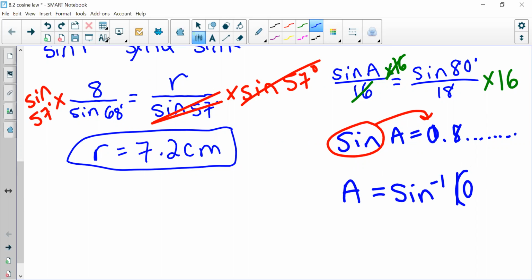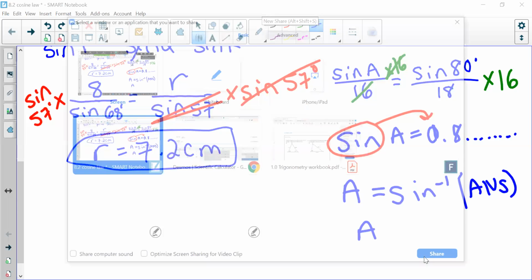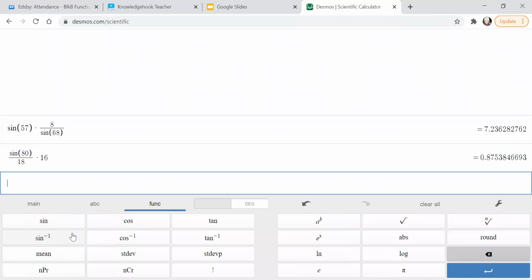I'm going to write this the way I want you to put it in your calculator. You're going to have sine inverse, and then I want you to use your answer button. So do sine inverse of your answer so that it puts that long decimal back in there for you, and it will convert that to an angle. If you're using Desmos, you have to hit the function to get sine inverse.